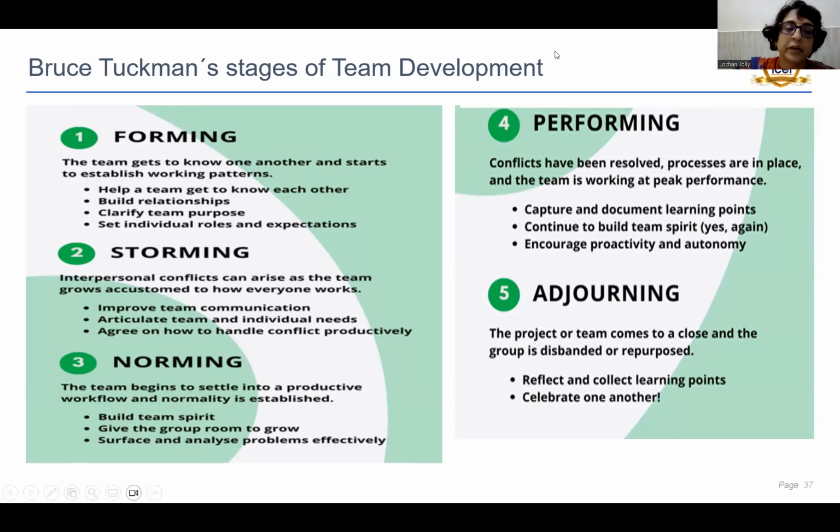Norming: build the team spirit, give the group room, surface and analyze problems effectively. Performing is capture and document the learning points, continue to build the team spirit, encourage proactivity and autonomy. And adjourning is reflect and collect learning points and definitely celebrate one another.